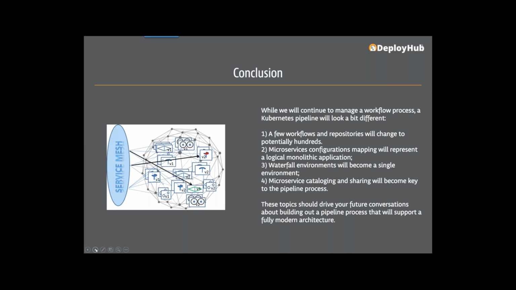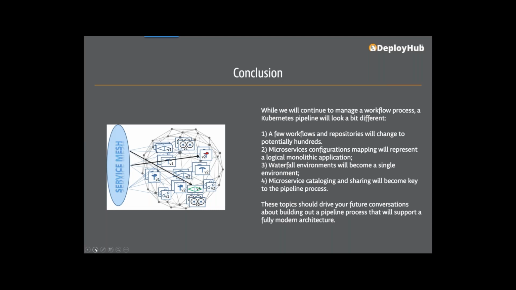Microservice configuration mapping will bring the collection of microservices, or aggregate the collection of microservices, to your monolithic equivalent. And as part of that mapping, you're going to need to track the configurations of each of those little mini servers called containers, and that's associated to every single microservice.